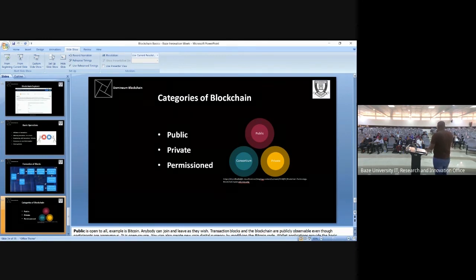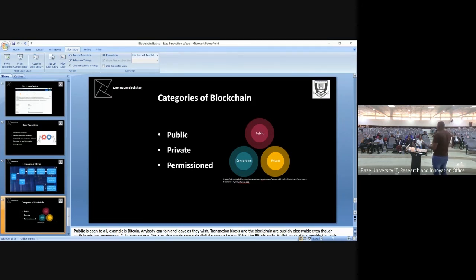Then we have the private. In the private blockchain, it's siloed from everybody else. I'll give you an instance. CBDC is the buzzword going on now, central bank digital currency. They are private for obvious reasons, because the government controls it, it has a central authority controlling it.